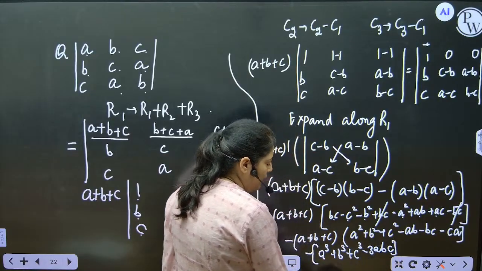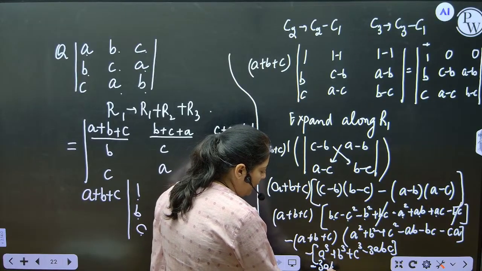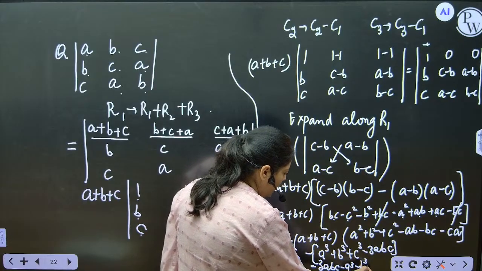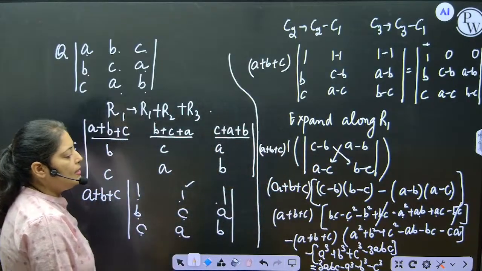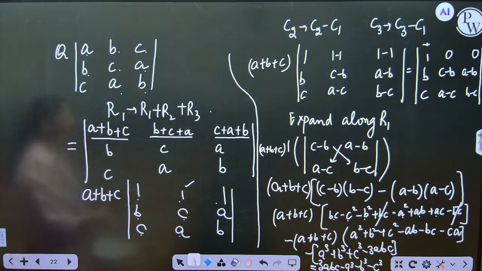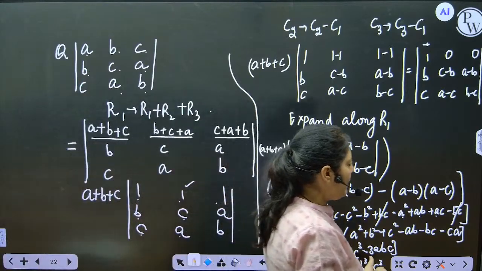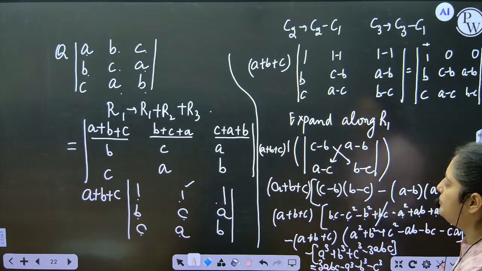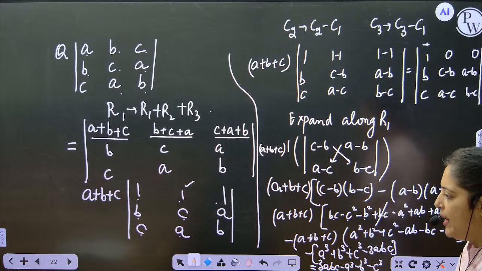This is the formula, and this adjusts the minus sign, so it will become 3ABC minus A cube minus B cube minus C cube. This is the answer in the end. So the value of this determinant is nothing but 3ABC minus A cube minus B cube minus C cube. Note it down. This is the actual application of the property which I wrote in the end.